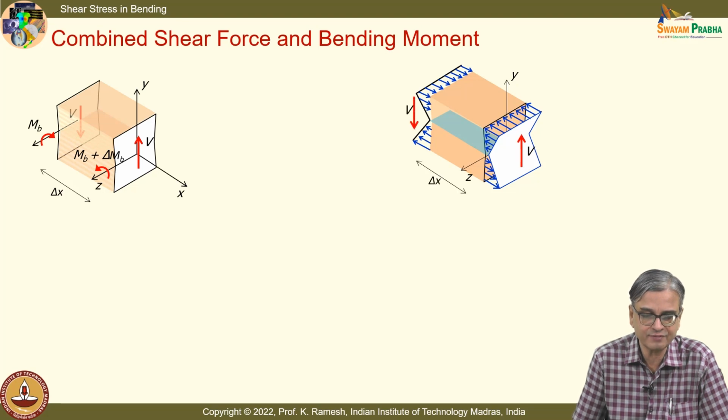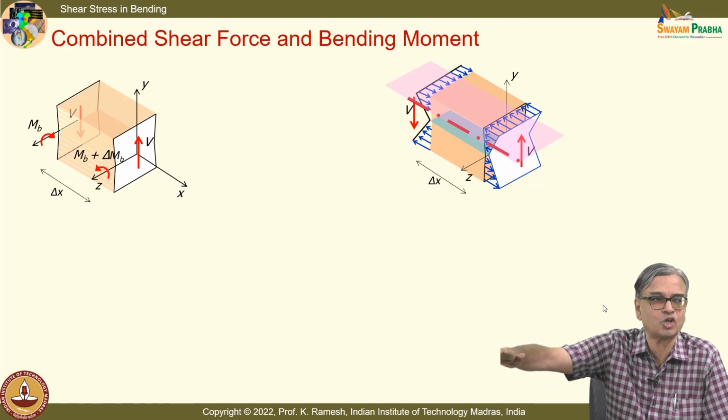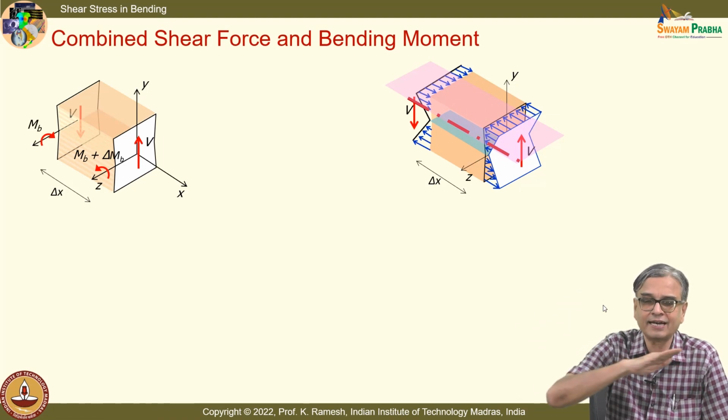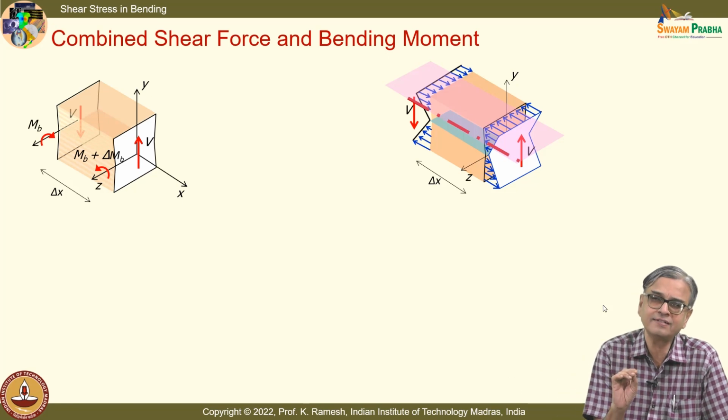Okay, I also have the shear force transmitted by the beam. So, I will put a cut horizontally, that is shown as the pink plane. So, I slice from the top a particular height and I slice this like this. Is the idea clear? I want to take out that slice.